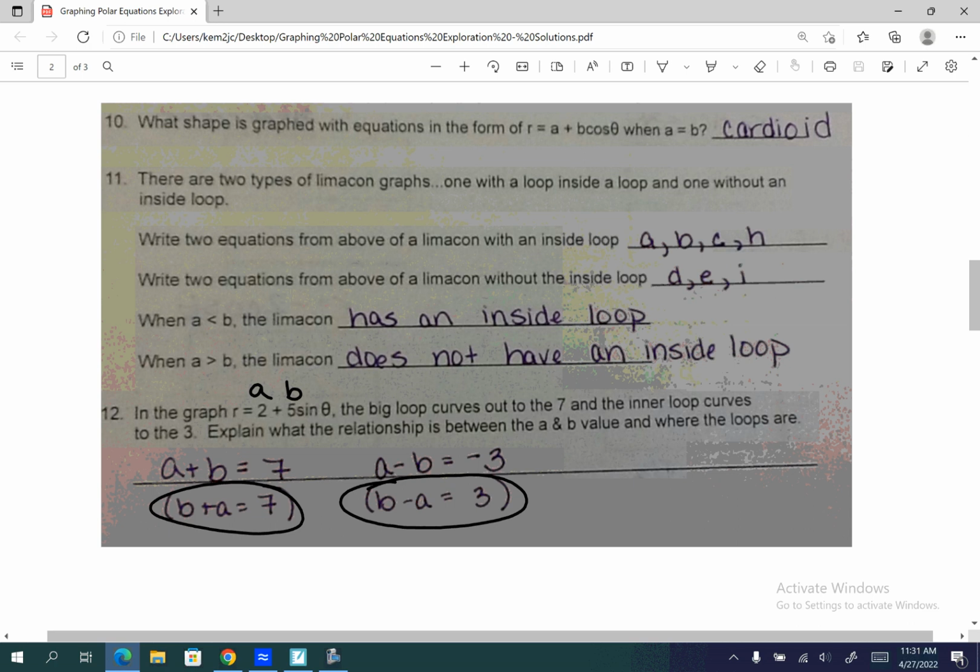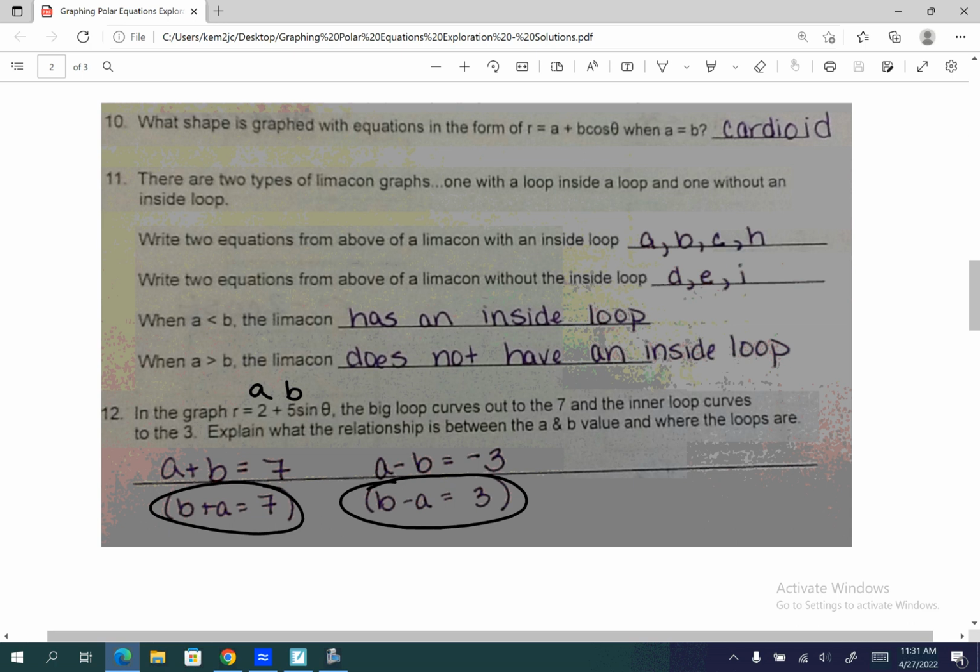The ones I just labeled from the pictures above, which ones had an inside loop and which ones didn't have an inside loop there. So any of them from above you could have written, but A, B, C, and H had an inside loop, D, E, and I did not. And then hopefully you figured out if A is smaller than B, it has the inside loop. If A is bigger than B, it doesn't have the inside loop.